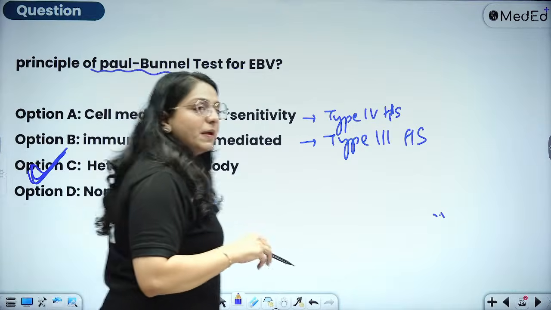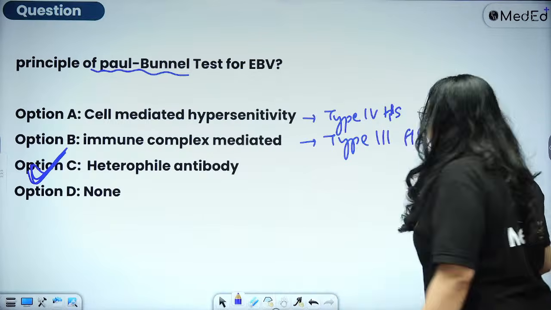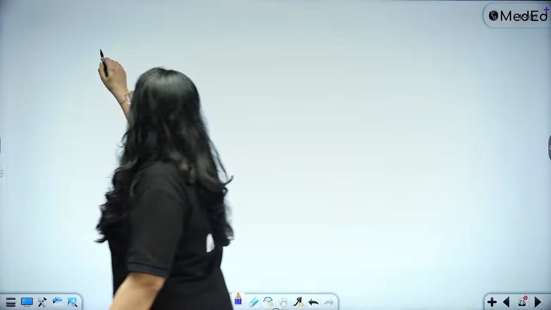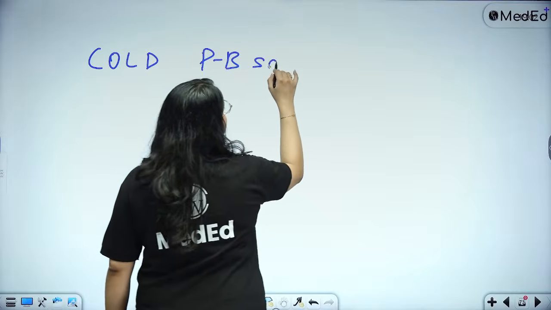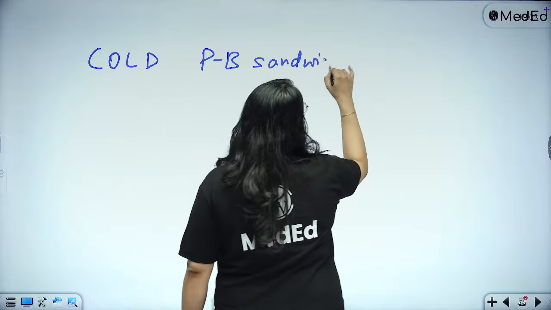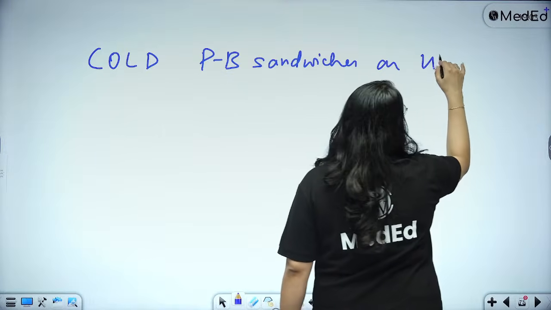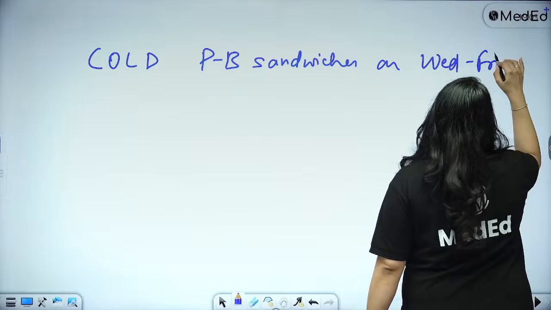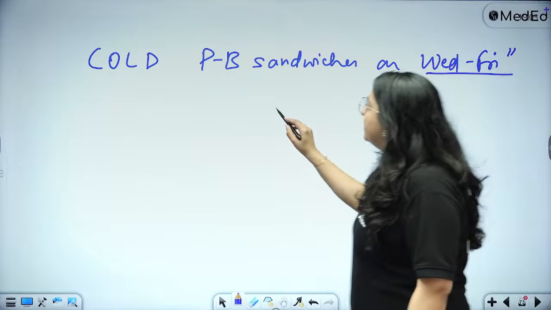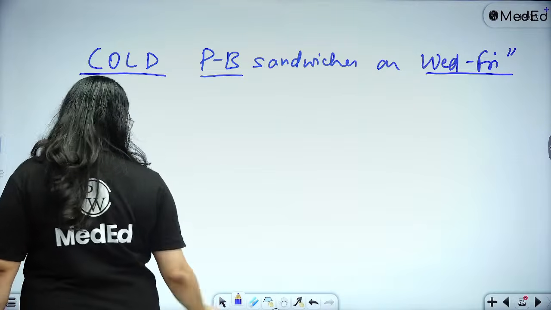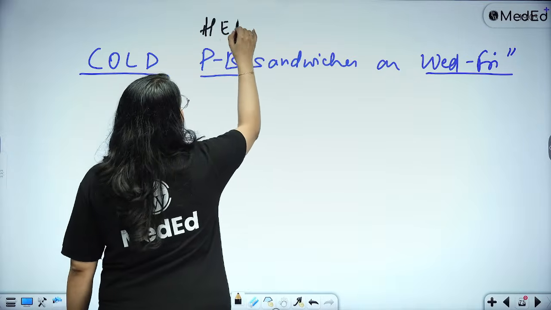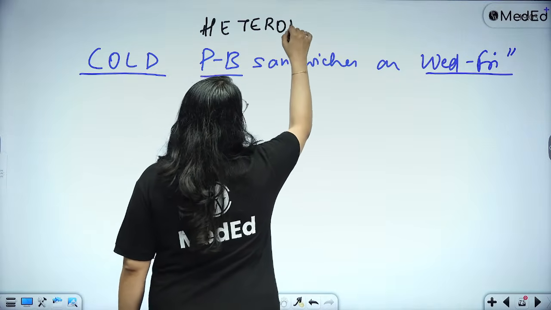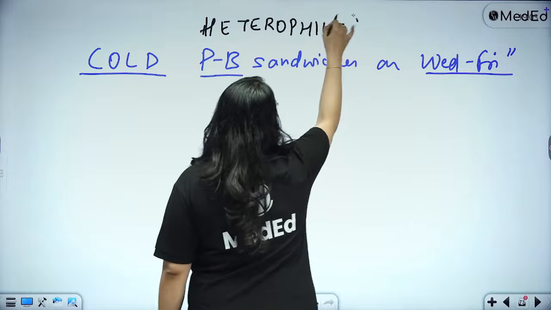So how do we remember heterophile antibodies? Our mnemonic is Cold PB sandwiches on Wednesdays and Fridays. These are all your heterophile antibody detection tests.